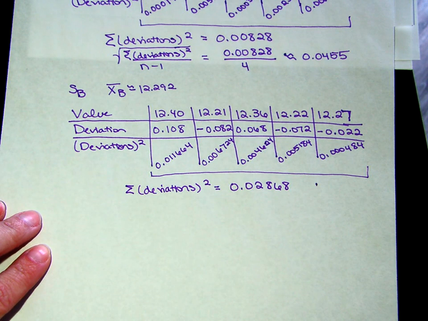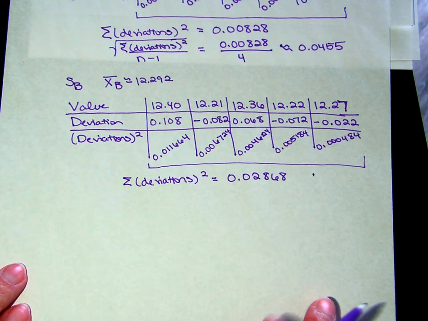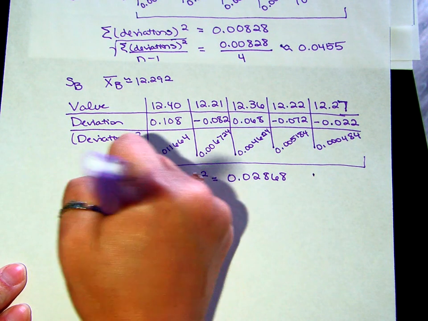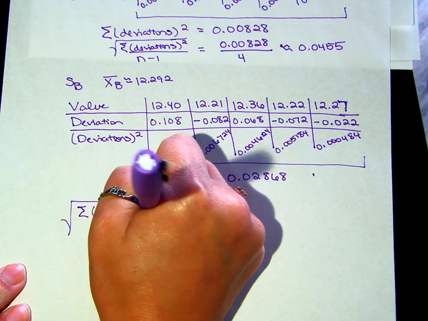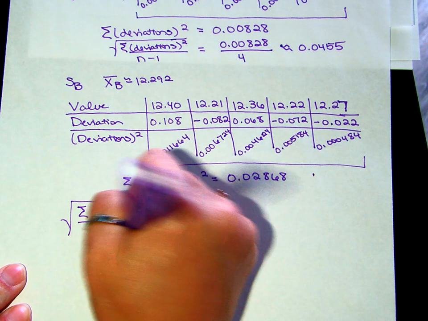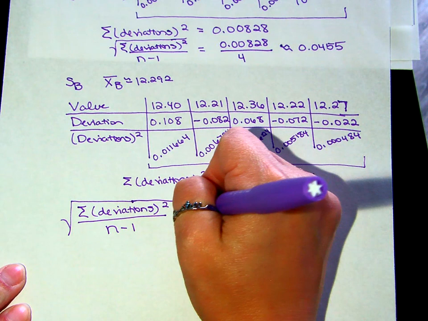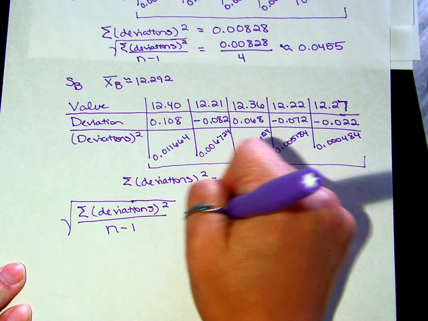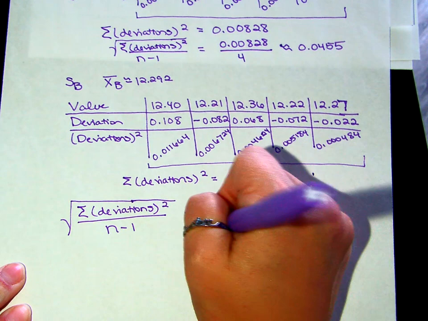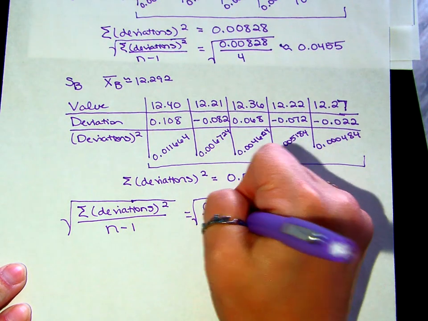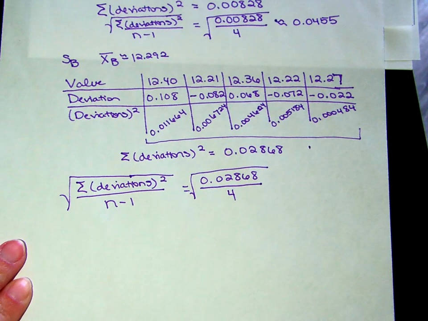And then our last step, take the square root of the sum of our squared deviations divided by n minus 1. Well, the sum of our squared deviations was 0.02868. Oh, I didn't put that up there. And then we're dividing that by 4, because again we were looking at 5 jars of coffee, so that'd be 5 minus 1, which is 4.